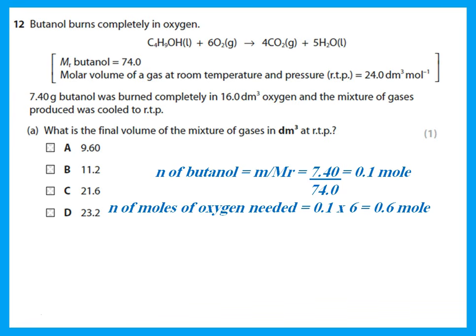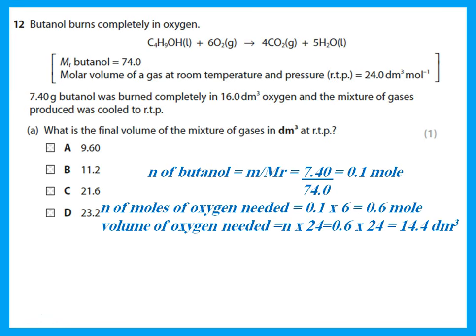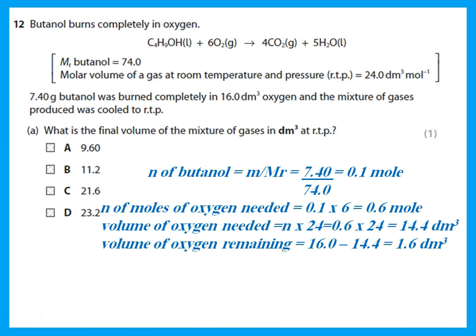Well, from the equation, the number of moles of oxygen should be 6 times that of the butanol, so that means I need 0.6 mole, and that means that the volume of oxygen that I need to react with my butanol is number of moles times 24, so that is 14.4 decimeter cubed. But he put in 16 decimeter cubed, so I'm still left with the rest of that, which is 1.6 decimeter cubed. So now I have 1.6 decimeter cubed volume of oxygen remaining in the mixture.